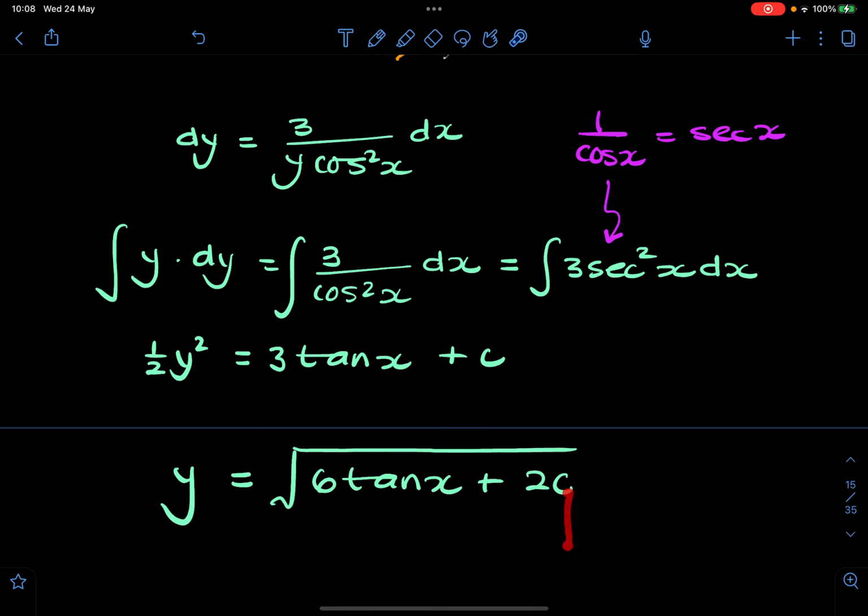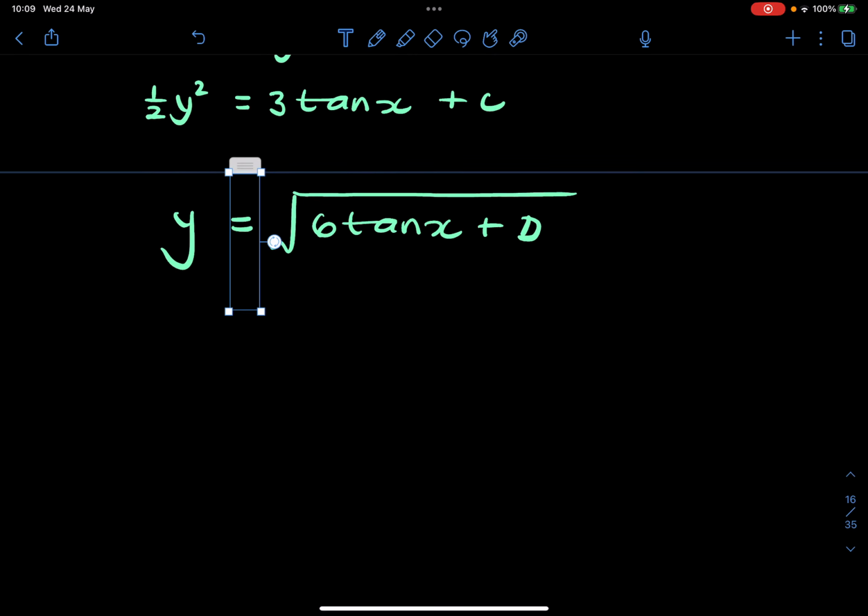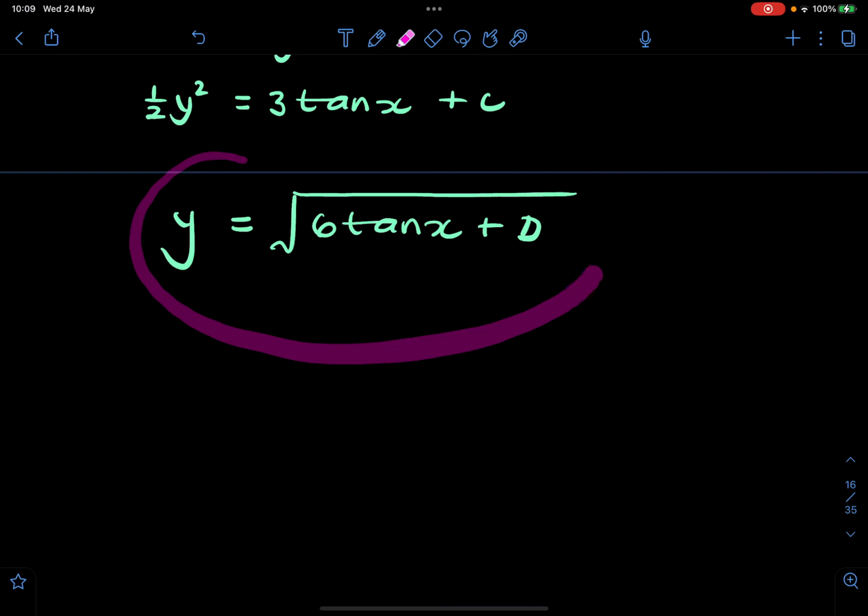Because we don't know what the constant is, we don't know what 2 times the constant is. So we might as well just replace 2c with another constant, d. So this would be our general solution. We call it a general solution because we still don't know the value of d.